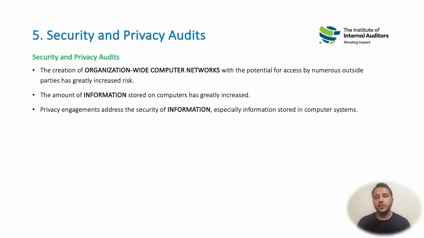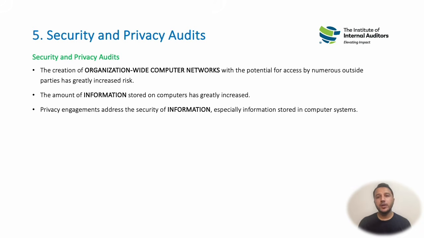Another topic, security and privacy audit. This is one of the very essential areas in the domain of internal audit that we have to carry out. Back in the days, it was pretty common to have separate IT auditors, but these days it is expected from the internal auditor that they should have know-how of system security and privacy related technical things.